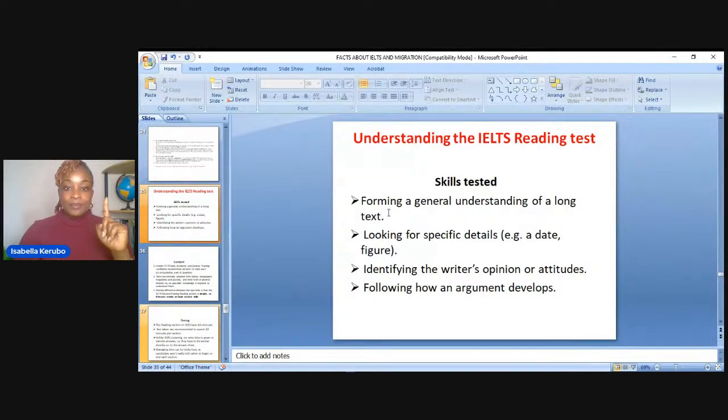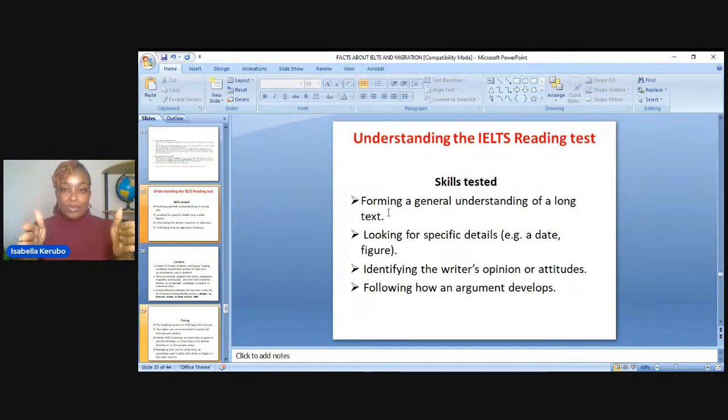One, what is tested in the IELTS reading test? Your ability to form a general understanding of a text. You're given a long text, probably from a book, from a newspaper, from a magazine.